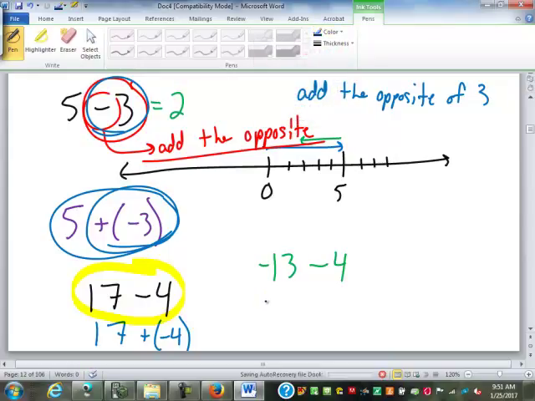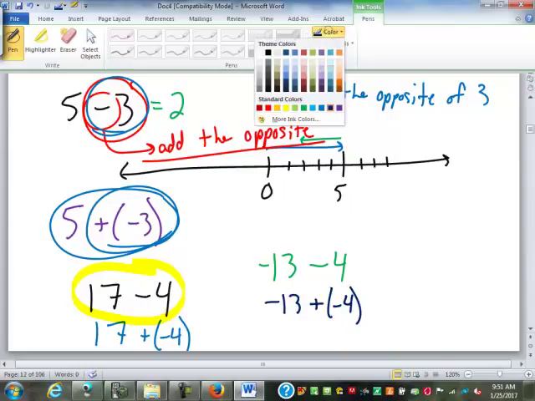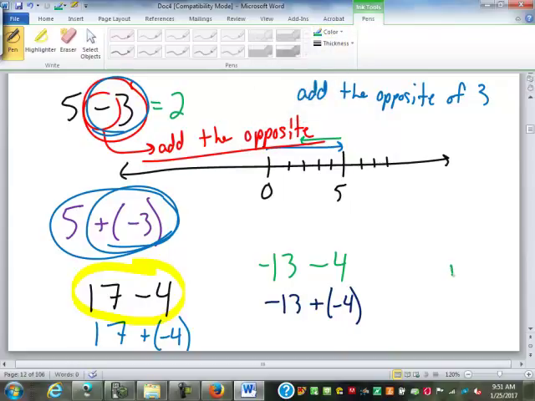But if I rewrite that as a negative 13 plus the opposite of 4, which is negative 4, now I can use my vectors. Because negative 13 goes this way, negative 4 goes the same way. So that's telling me that this has to be a negative, because we're on the negative side of 0. They both go in the same direction, so we're adding their magnitude. They're adding their absolute value. So 13 and 4 make 17.